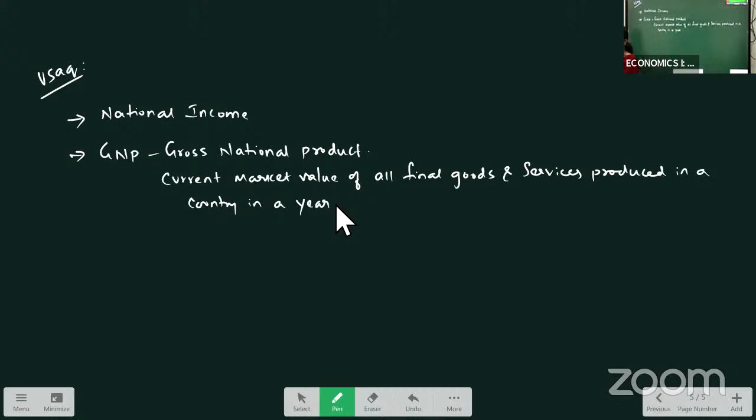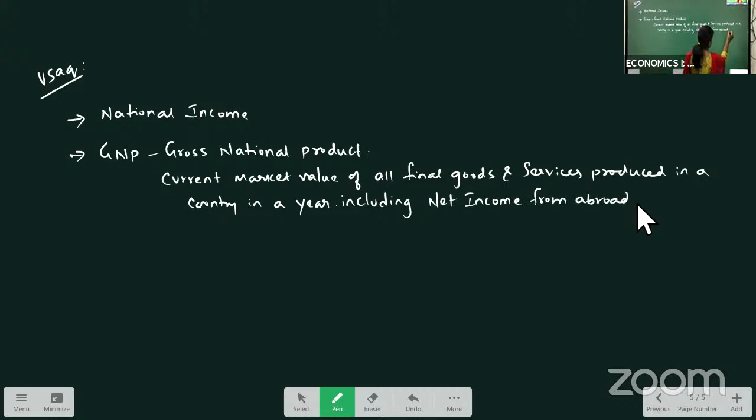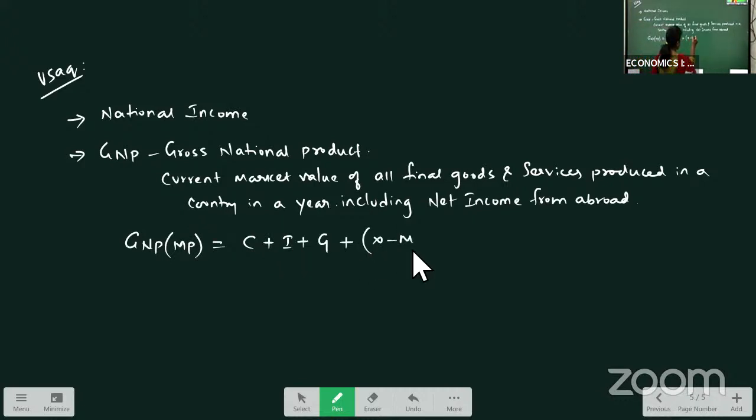So when the current market value of final goods and services are taken over here, we include exports and imports also, including net income from abroad. So the formula here is GNP at market price is equal to consumption plus investment plus government expenditure plus X minus M. C is the consumption expenditure.